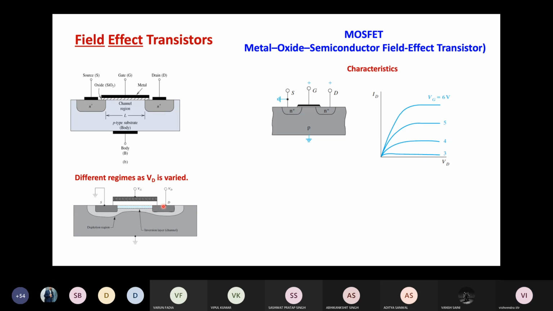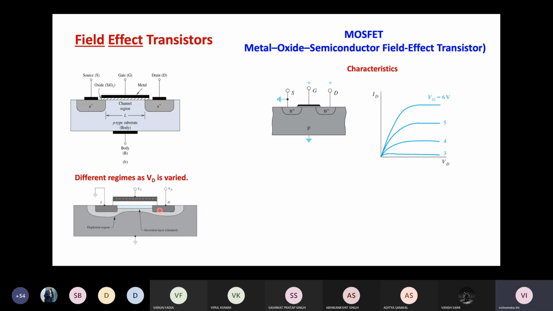If we are applying high drain voltage, the voltage difference between gate and channel on this side is reducing. On the other side, the source is grounded, so the voltage difference between channel and source is maintained.